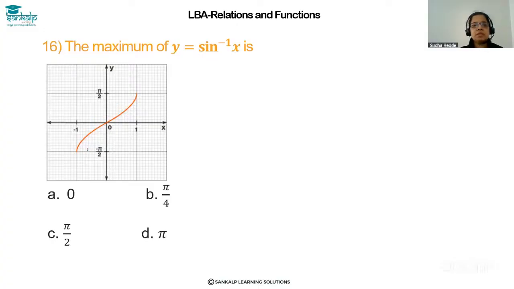Hi students. The question is the maximum value of y is equal to sine inverse x. Option A, 0, option B, pi by 4, option C, pi by 2, option D, pi. So, what is the domain of sine inverse x?